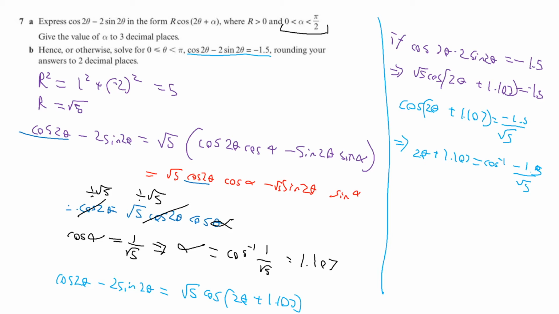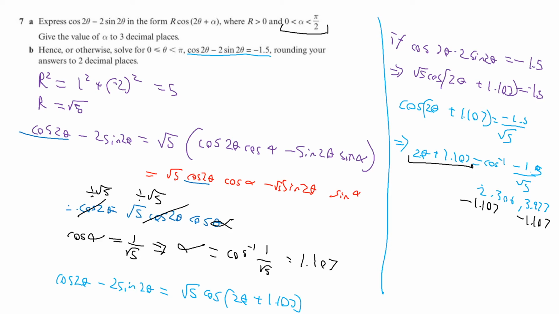And if we plug that into our calculators, we should get an answer of 2.306 and 3.977. Now what we need to do is simply solve the equation. So we're going to minus each of them by 1.107.